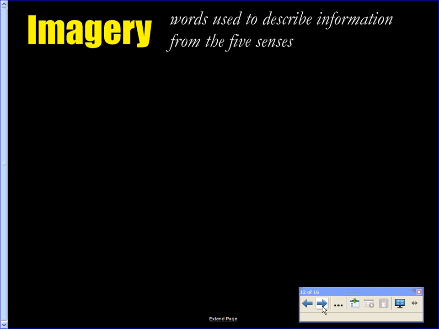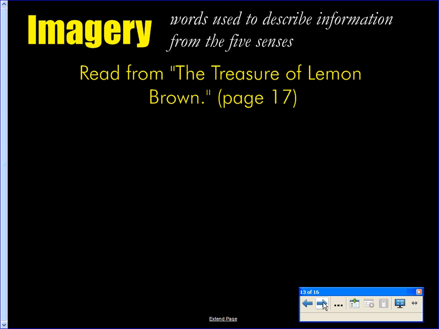So any of the five senses, any words, and I do want to emphasize this, Jacob got it, any words in the text that bring to mind that information. All right, good enough. Page 17.